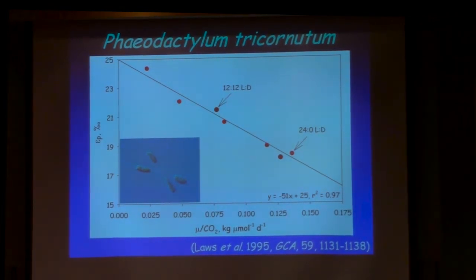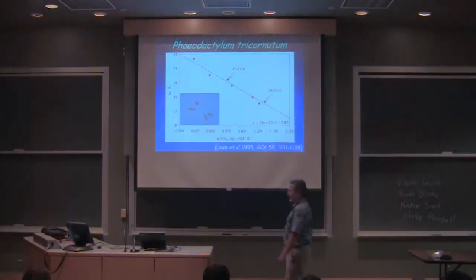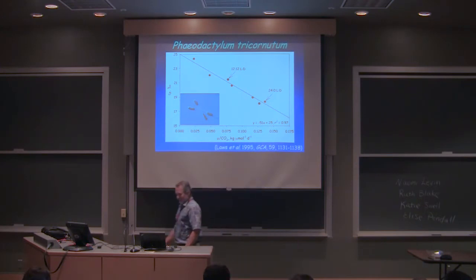Now at infinitely low growth rate or infinitely high CO2 concentrations, we drive this close to the origin, and we get a value that is pretty close to what we would expect for fractionation of rubisco as well as all carbon-fixing enzymes within this plant. So we're kind of happy with that. We grew these at a 12-12 light dark as well as continuous light. Okay, so happy with that result.